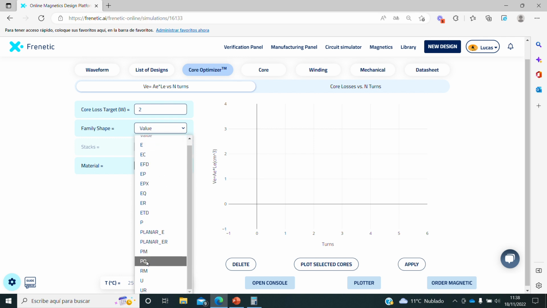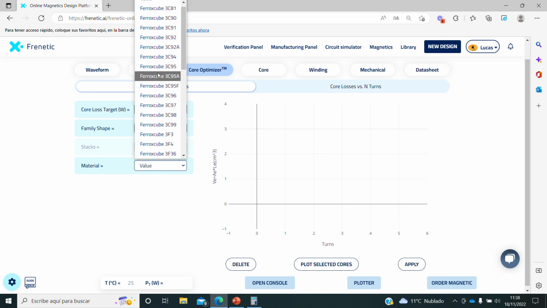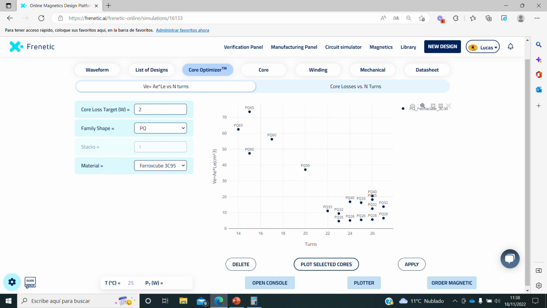Like for power, we can go for a PQ, for instance, and a material which at 100 kilohertz, we can go for a 3C95. Now, what we have here is in the y-axis, we have the effective volume of the core, and in the x-axis, how many turns do we need with that particular core to get the losses that we wanted.